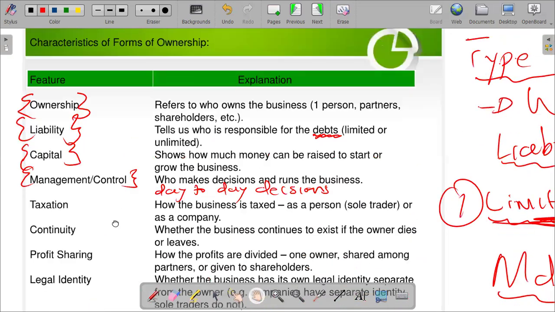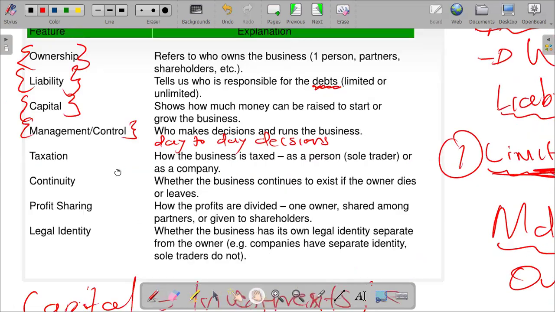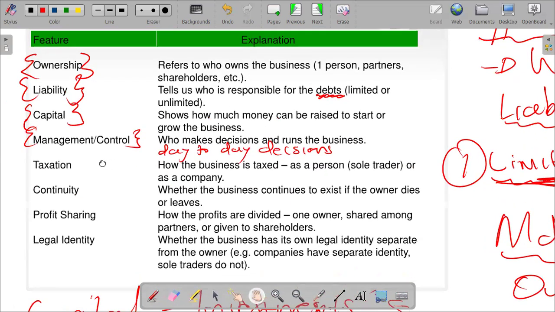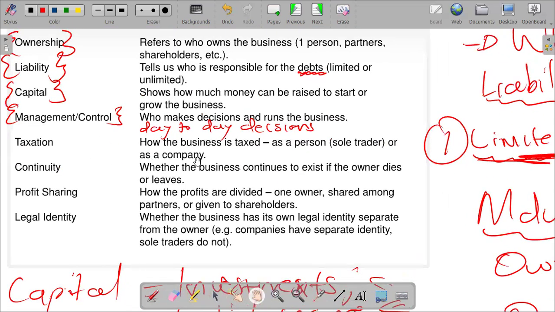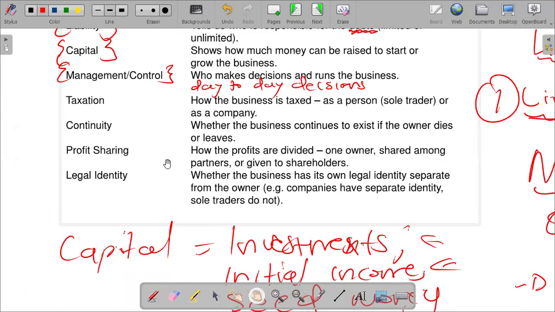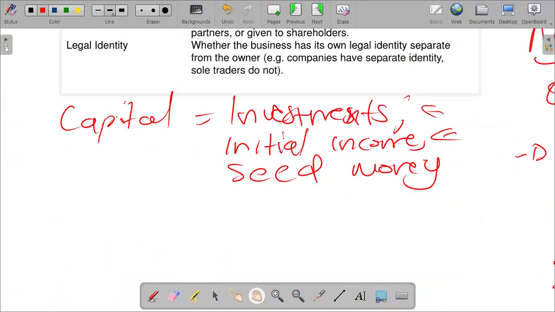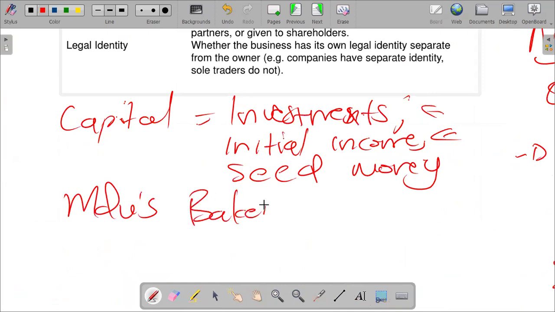And then moving along, the fifth one we have is taxation. How will your business be taxed? Like it says, how the business is taxed. As a person or as a sole trader, your business will be taxed according to how much money you make. Let's say for our business, Mdu's Bakery, we keep on using the same business so that you won't get confused.